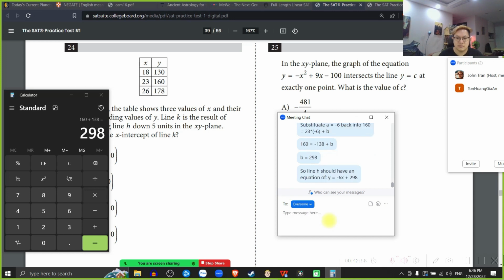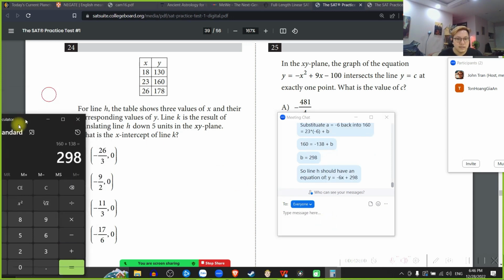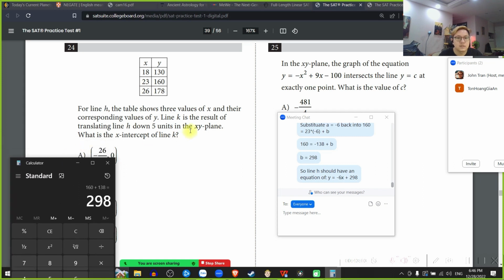It's a big number, isn't it? And now, line K is the result of translating line H down 5 units in the xy plane. So line K should have an equation of y equal to minus 6x plus 298, but then you move down 5 units, so minus 5.